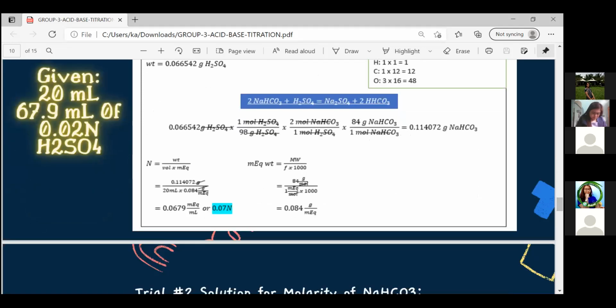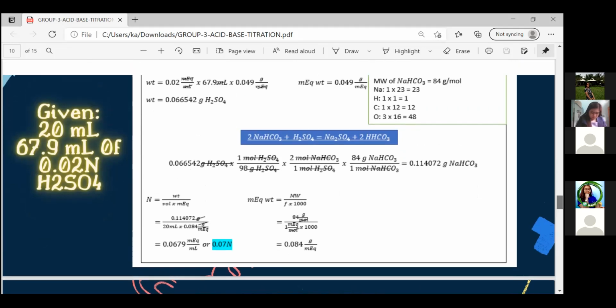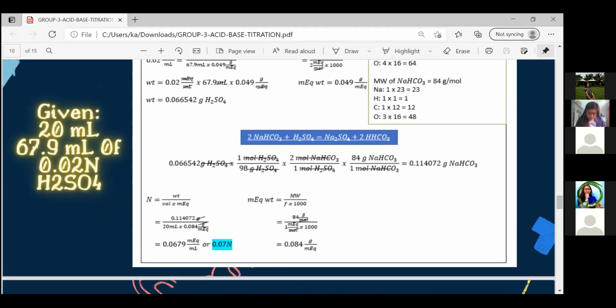So the weight of sulfuric acid, which is equal to 0.066542 times 1 mole of H2SO4 over 98 grams of H2SO4 times 2 mole of NaHCO3, which came from the balanced equation, over 1 mole of H2SO4 times 84 grams of NaHCO3 over 1 mole of NaHCO3.